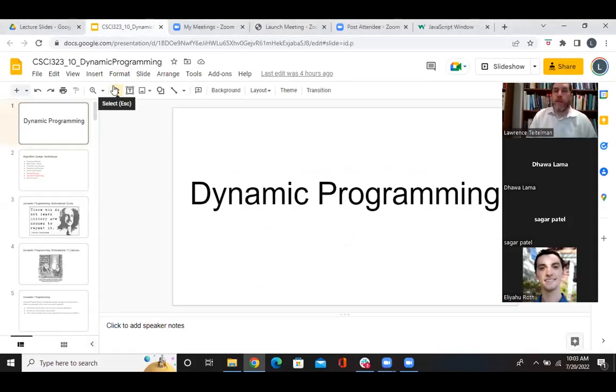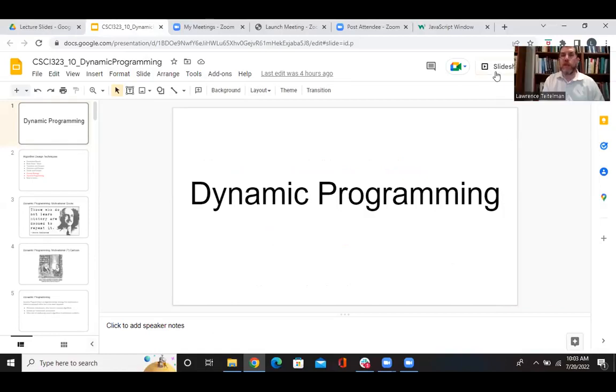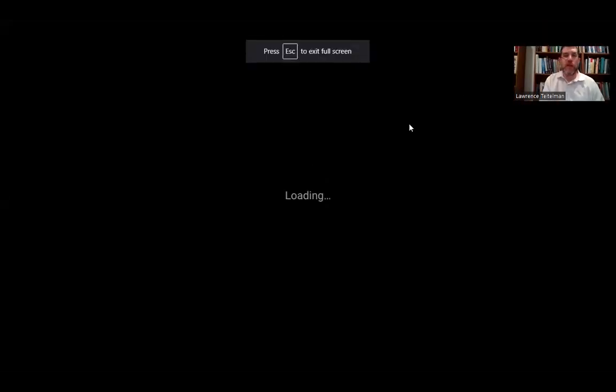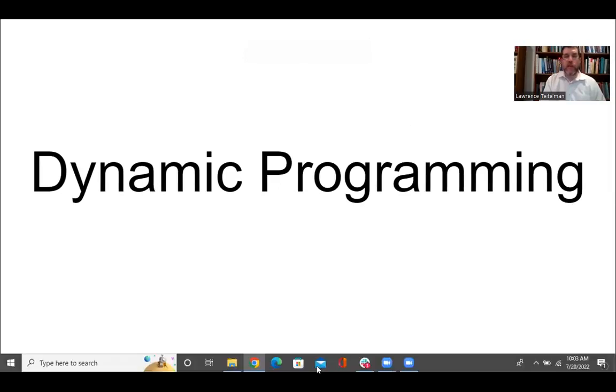Dynamic programming is a very powerful design strategy, and it's used to take problems that seem on the surface to be exponential time, using a sort of a natural implementation of them, and reducing them to polynomial time. Often, instead of it being, let's say, 2 to the n, you can get it down to n squared. Instead of it being 3 to the n, you can get it down to n cubed.